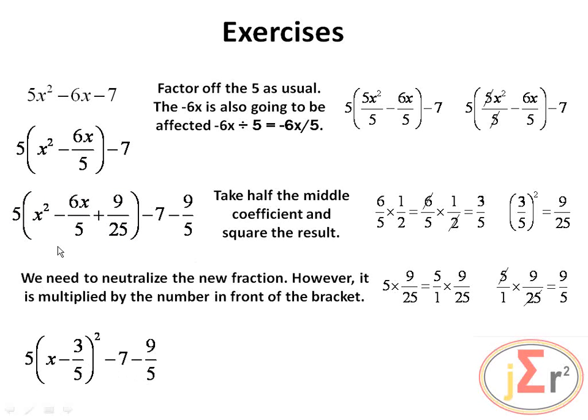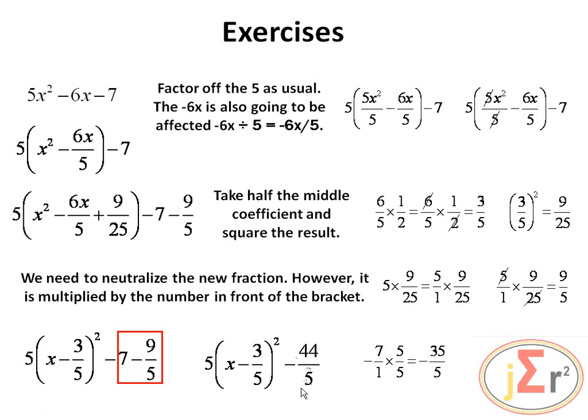Here we have our square completed, right? As usual, we know what will go where. We know that the square root of this will go right there. And we know that the sign of the middle coefficient is going to go right there. And then let's place under the microscope that negative 7 minus 9 over 5, which turns out to be negative 44 over 5.